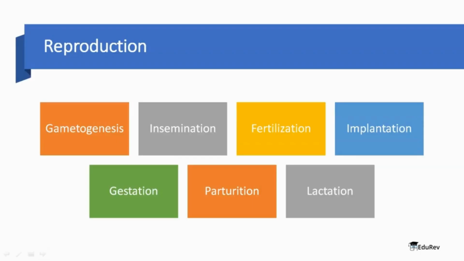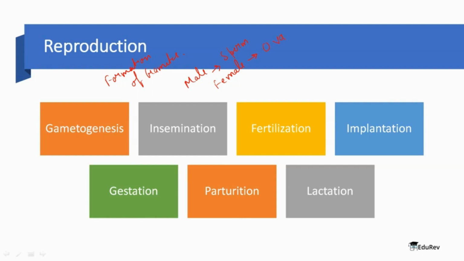So the first step is formation of gametes. This is the very initial step and very important as well. There are two types of gametes, male and female. Male gamete is called sperm and female gamete is known as ova.